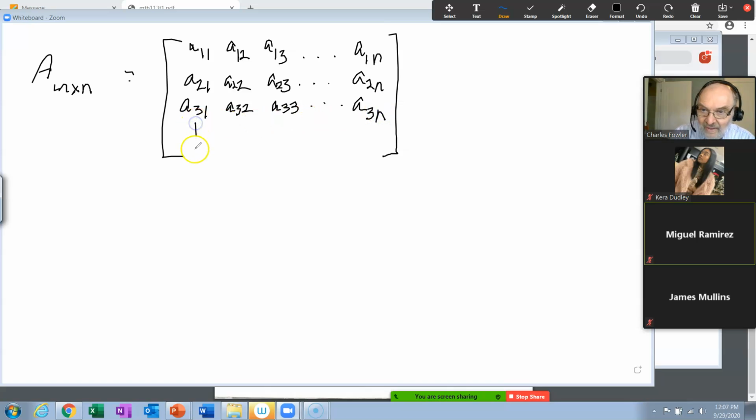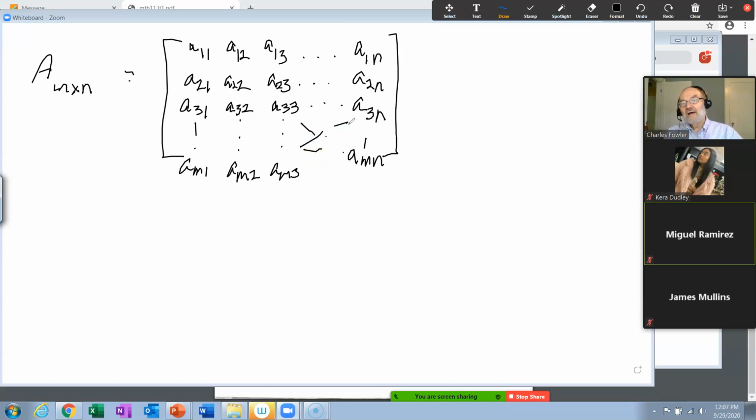And keep doing that until you get down to A sub M, 1, dot, dot, dot, A sub M, 2, dot, dot, dot, A sub M, 3, and then carry it on over to A sub M, n. So you had dot dots everywhere. Okay, there's our standard M by N matrix.